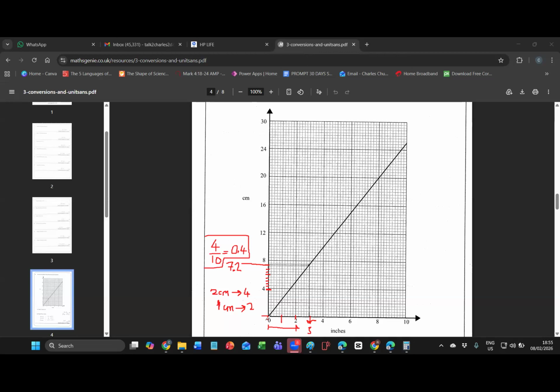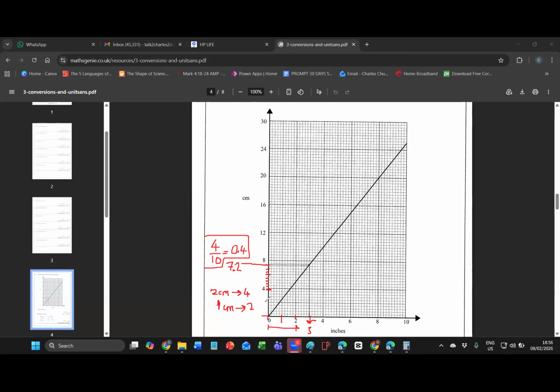Between 0 and 4, is it 10? Yes. Those tiny boxes are 10. So the question now is, what's the value of each of those tiny boxes, right?